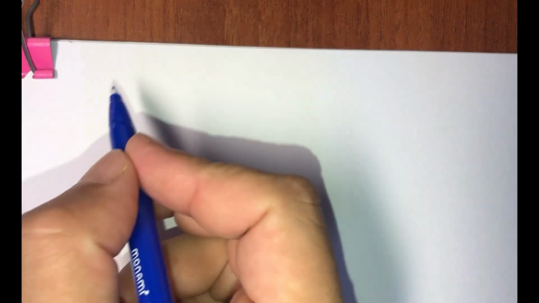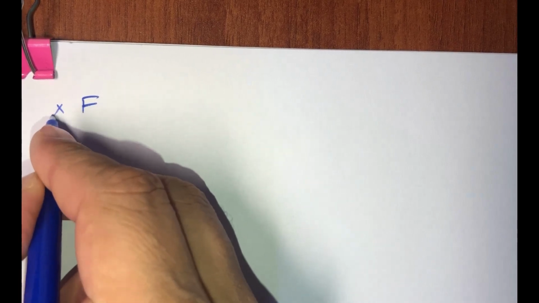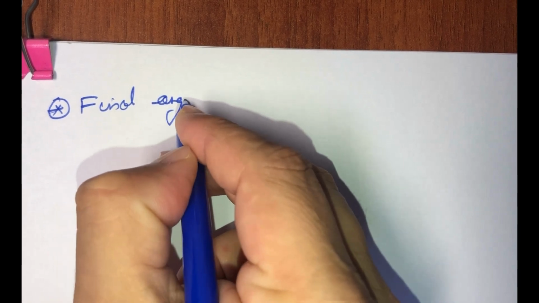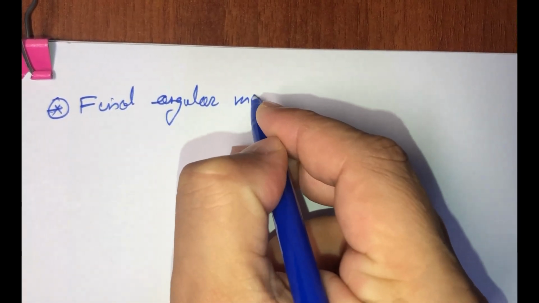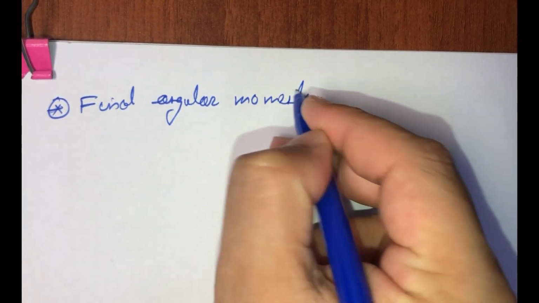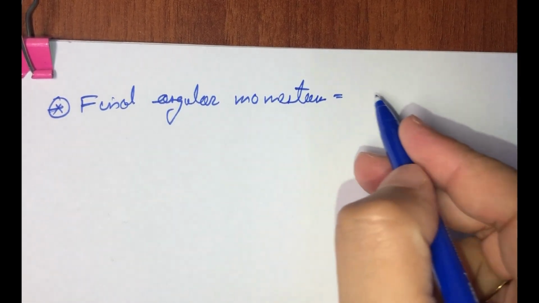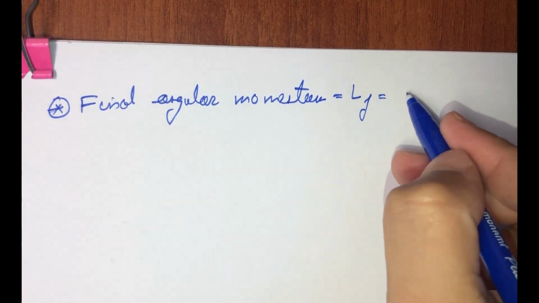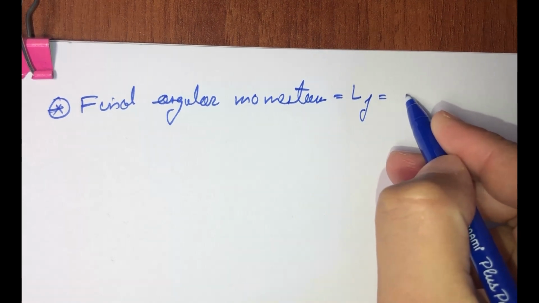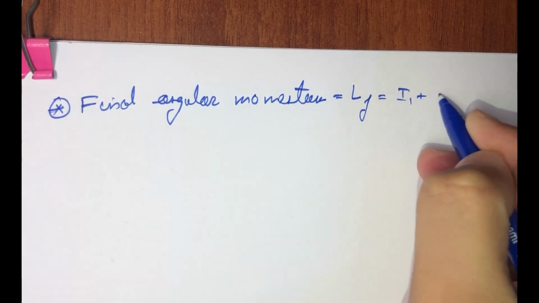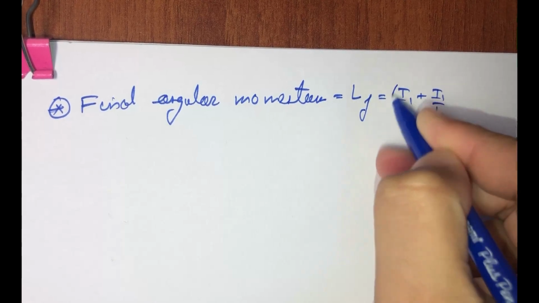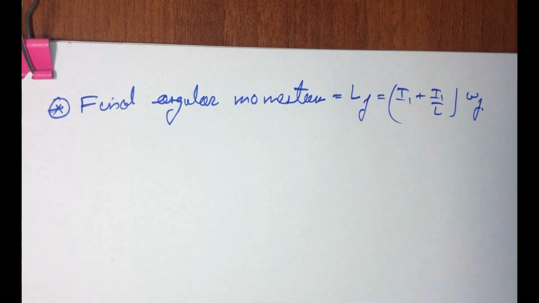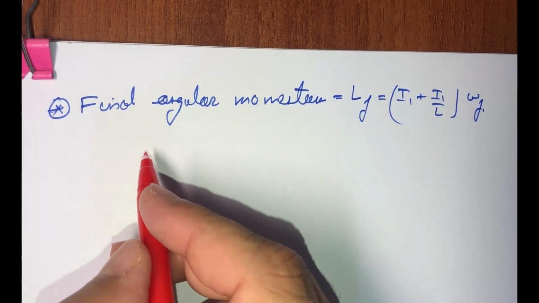The final angular momentum, let us call this LF, will be equal to I1 plus I1 by 2 multiplied by omega f, where omega f is the common angular velocity.